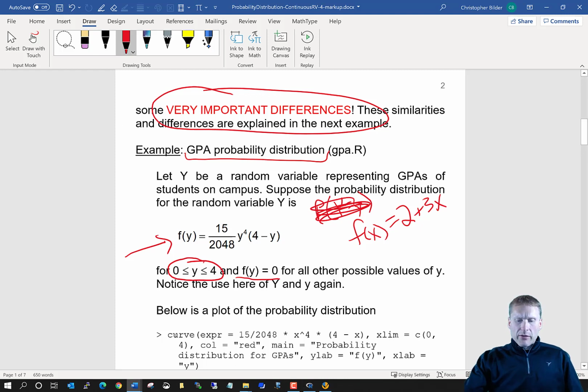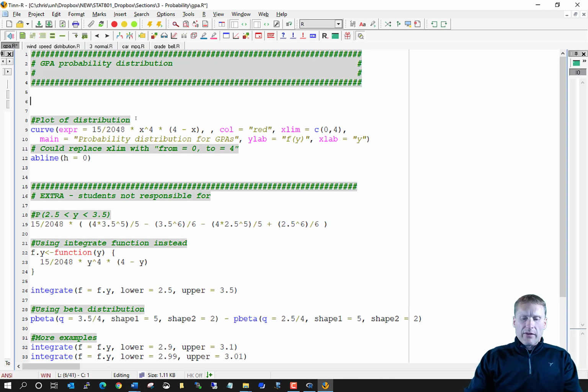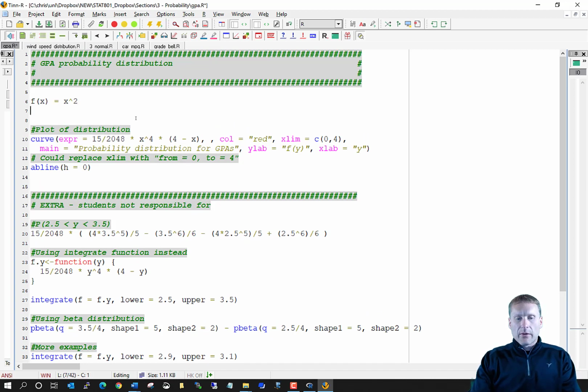To do the plot, I'm going to use a very useful function in R called curve. To give you an idea of how it works, let's say I wanted to plot f of x equal to x squared. The way I would do that with the curve function is I say curve, and the first argument is expr, for expression.